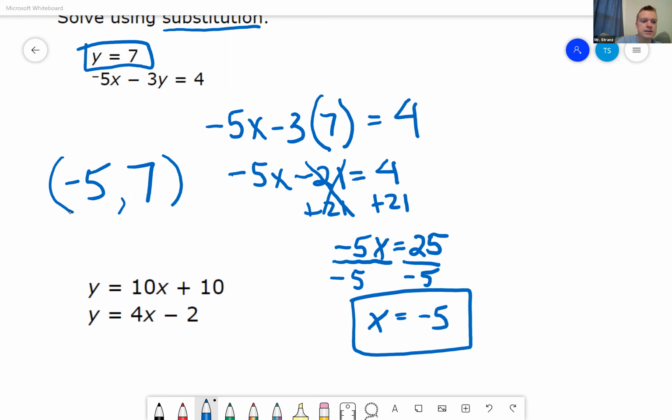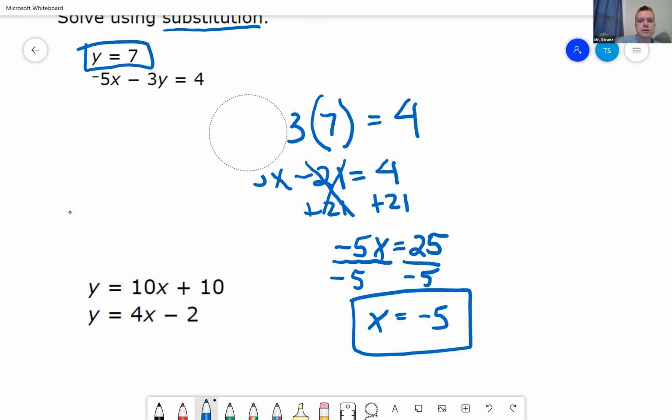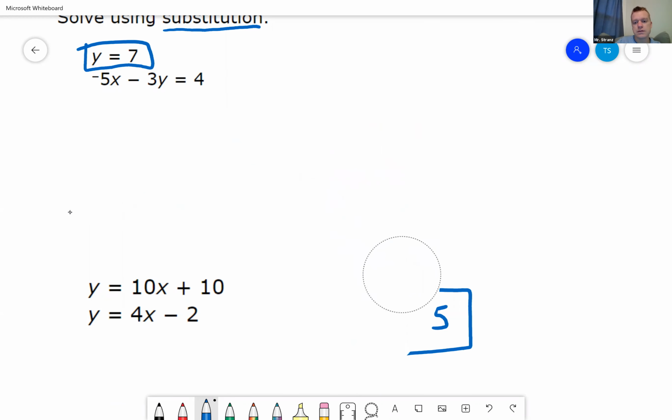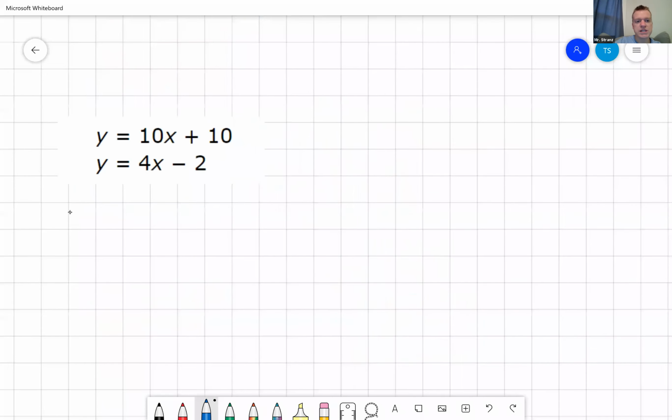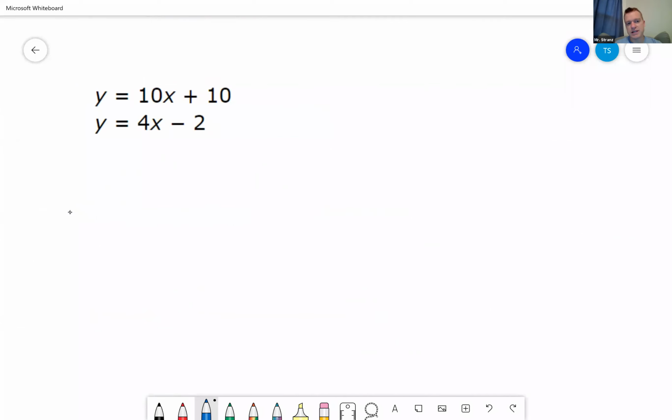Okay, I'm going to go ahead and erase this. Okay, so now we're looking at two more equations: y equals 10x plus 10 and y equals 4x minus 2. Okay, so it's telling us that y equals something. So we're going to substitute one of these equations in for y.